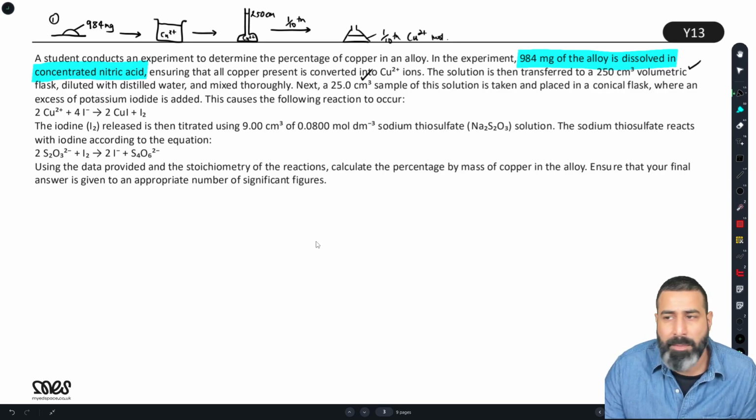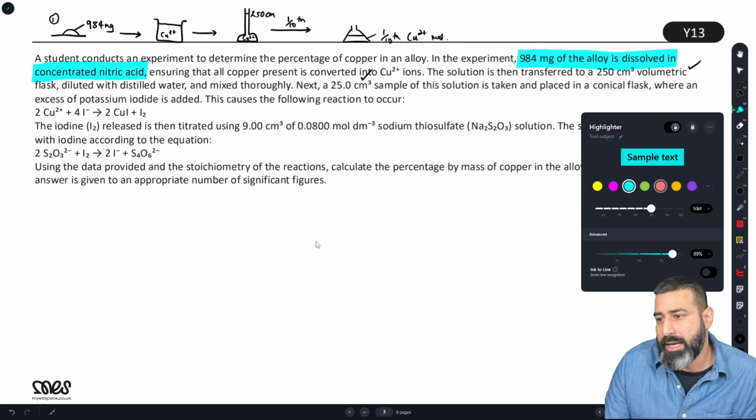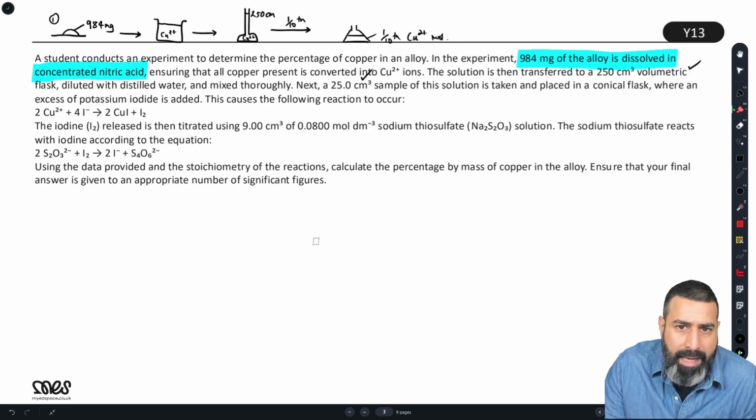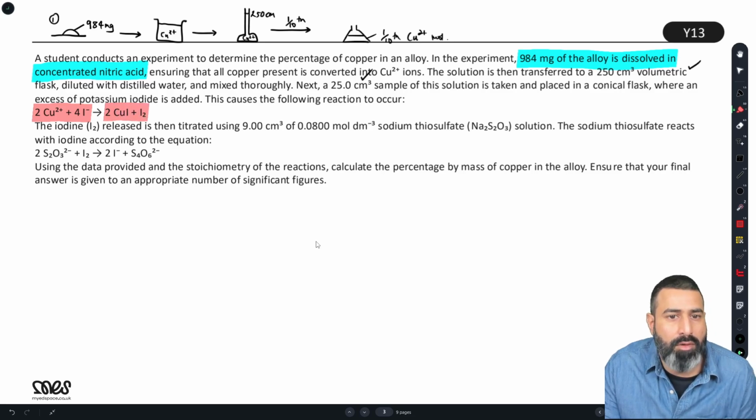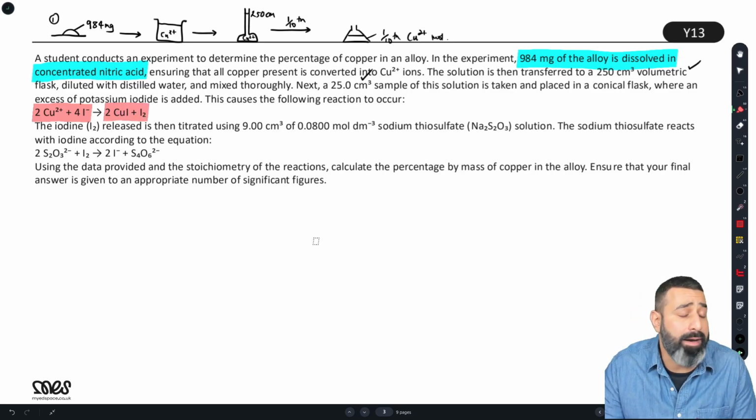And then what happens is potassium iodide is added. Okay, so I'm adding KI, and I have the following reaction. So the Cu 2 plus and the I minus react to form copper iodide and I2. So I2 is given out, okay?